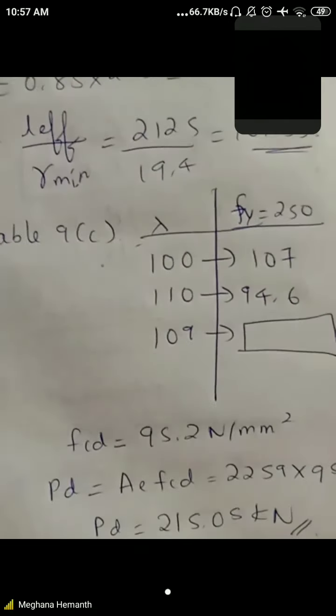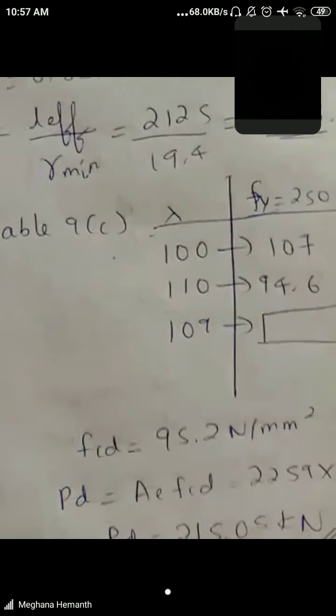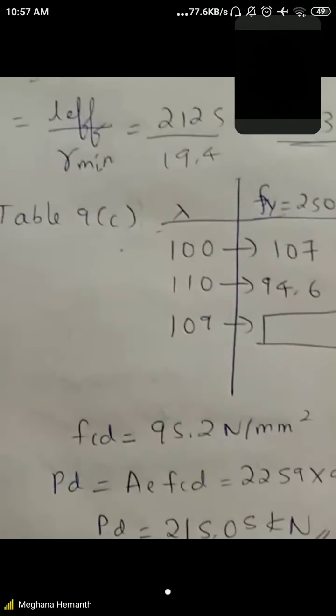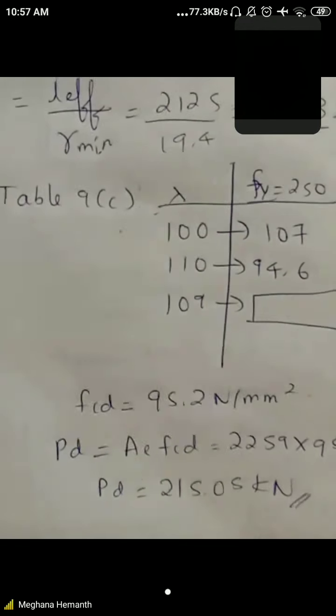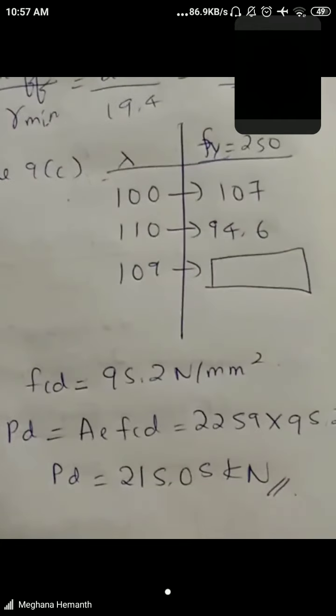After you get your design compressive strength, if you want you can redesign. If you find that this compressive strength of the member is not enough based on the loading that is coming, you redesign. Why this is not enough, I'll do in tomorrow's class.